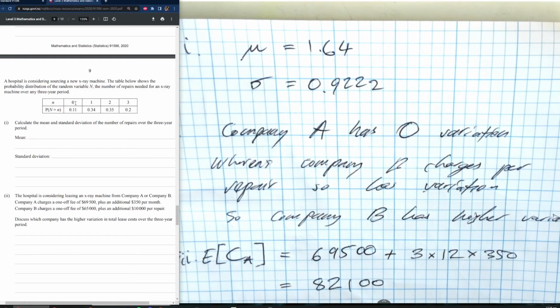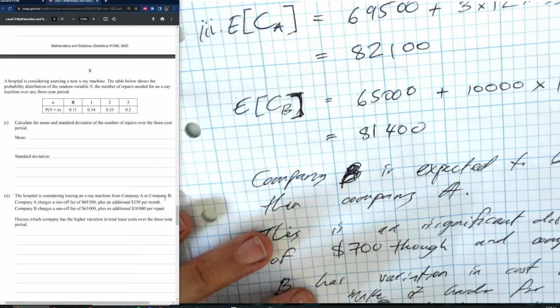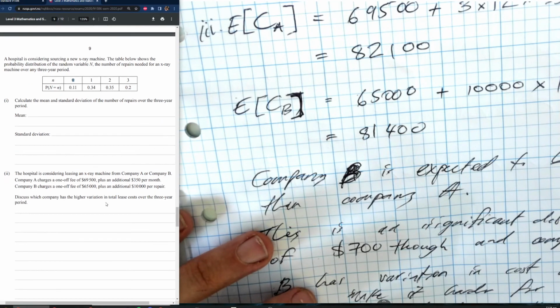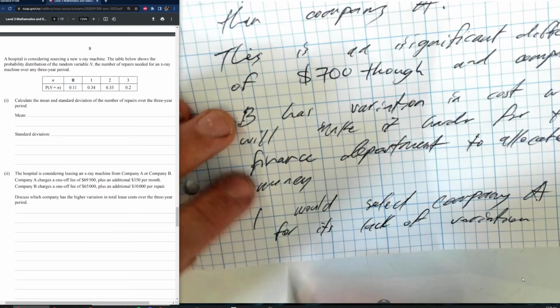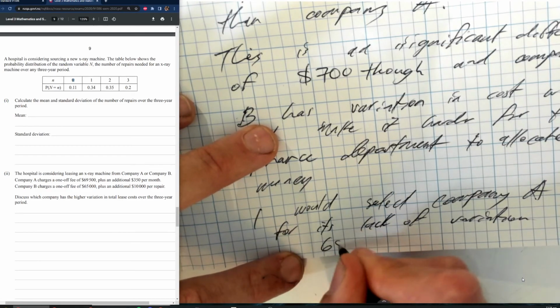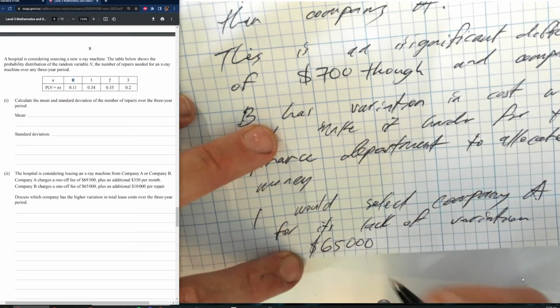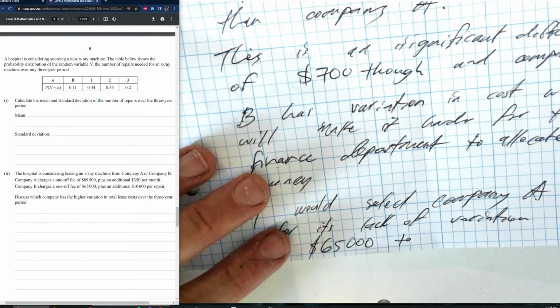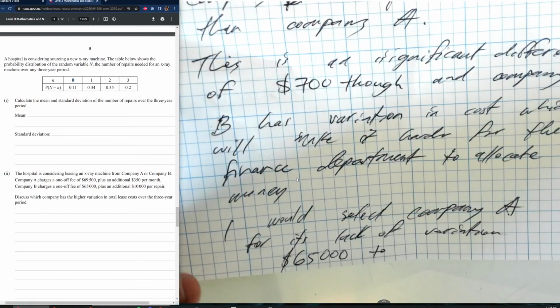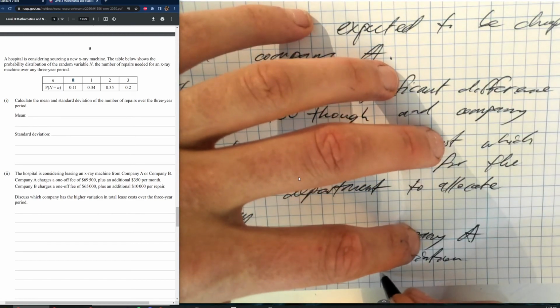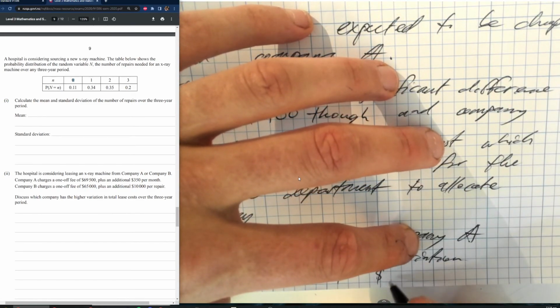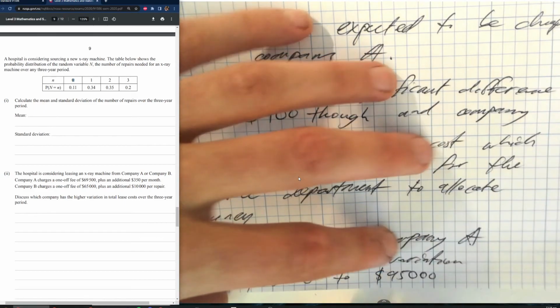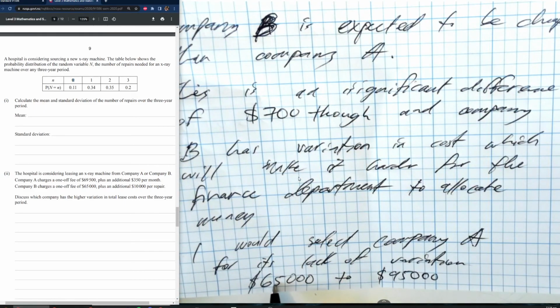If there's 0 repairs, it's going to be just 65 grand. If there were 3 repairs, it would cost 30 grand extra, so it would become 95 grand.